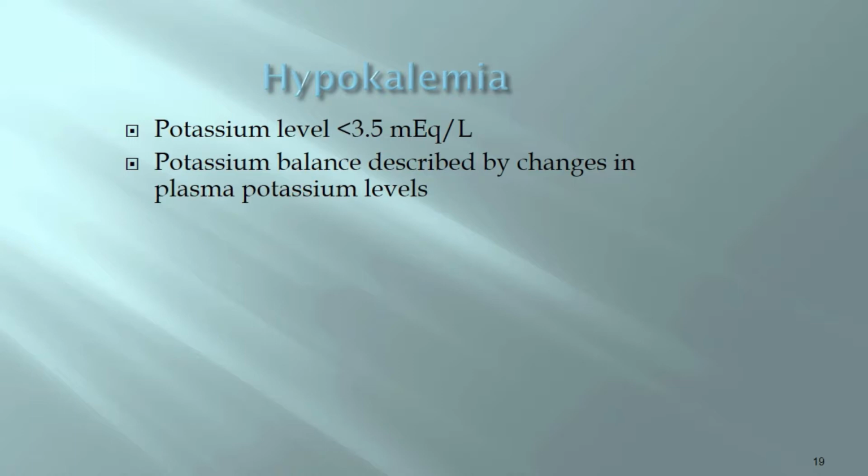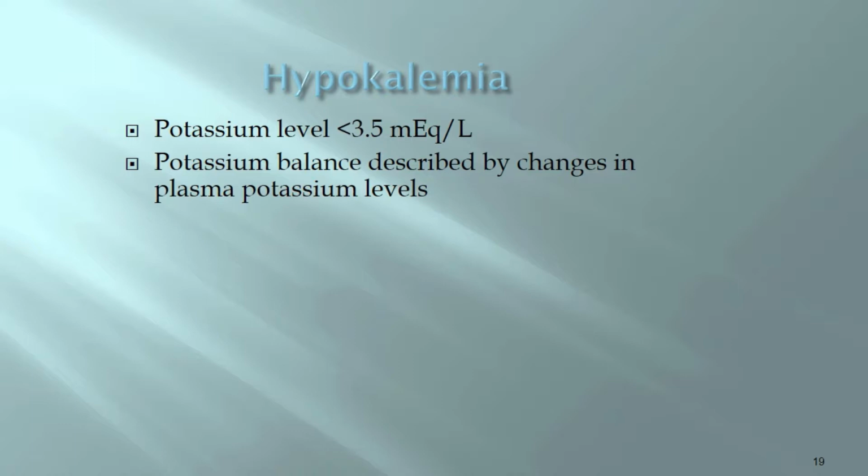Hypokalemia is when the level of potassium drops below 3.5 milliequivalents per liter, and we can name several causes of this. Again, reduced intake of potassium, increased potassium entry into the cells, and increased potassium loss.